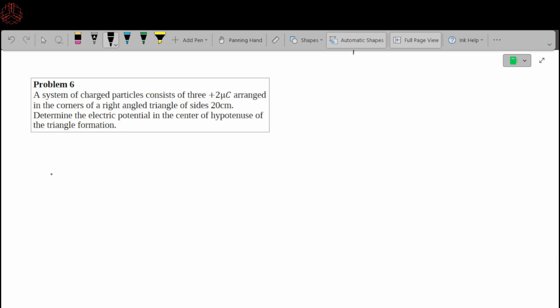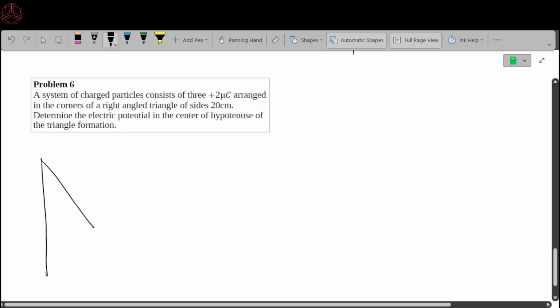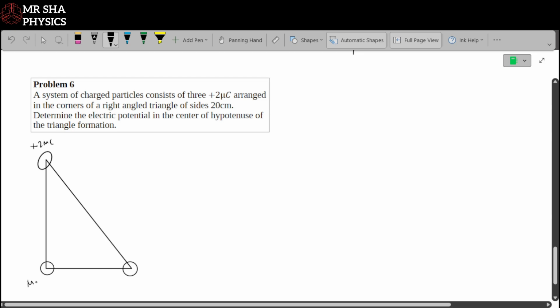So let's first draw a right angle triangle, and then I will have 3 circles here, all positive 2 microcoulomb.